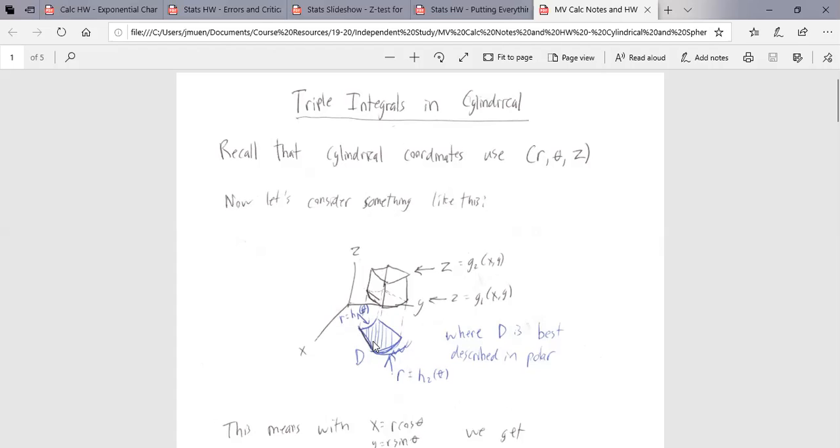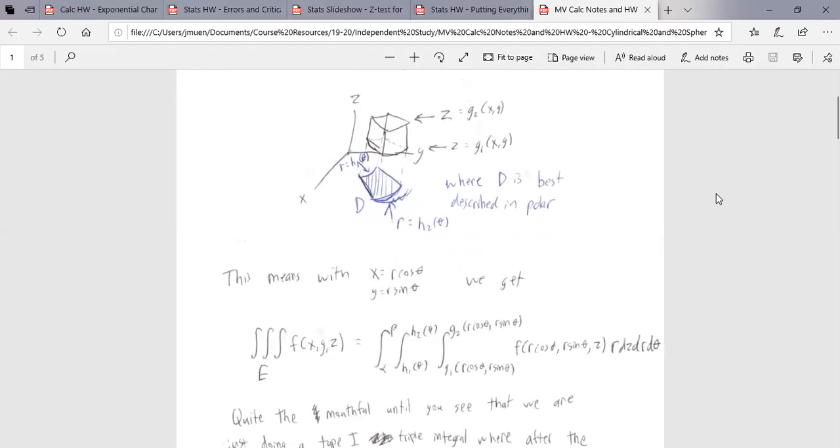A lot of times we'll use cylindrical coordinates when we're working with, perhaps unsurprisingly, a cylinder. It's something where it's best to think of the x and y plane as polar, and then the z as Cartesian, as just strict lengths in the normal sense.